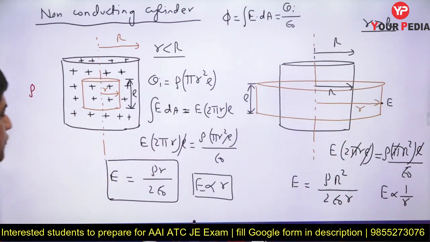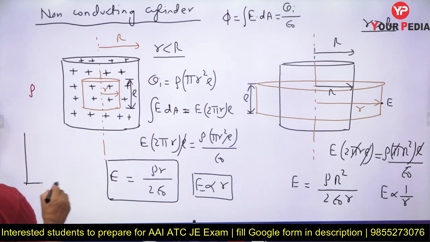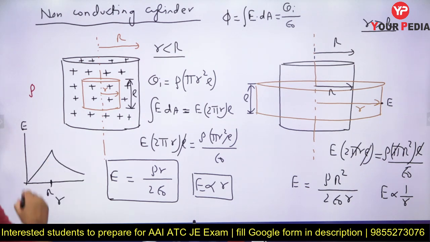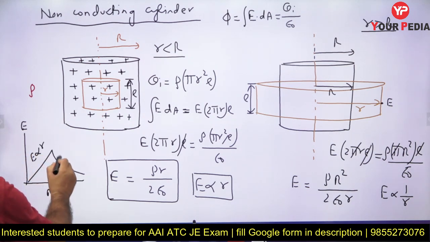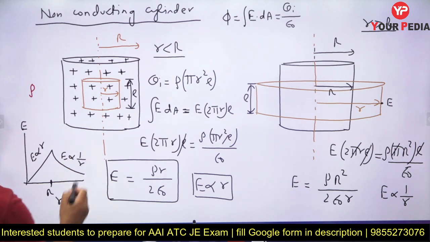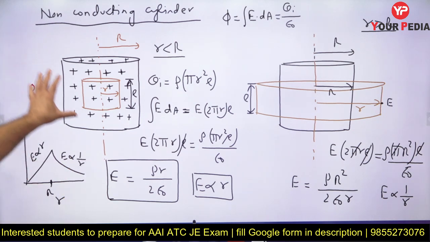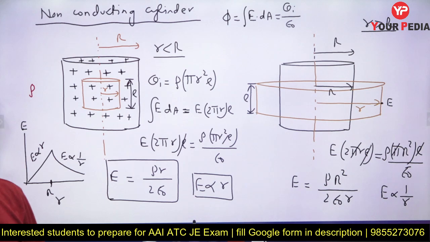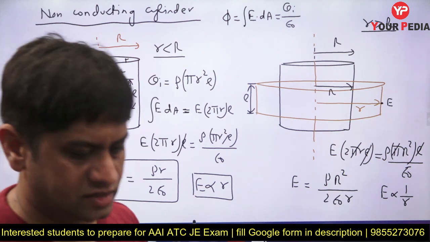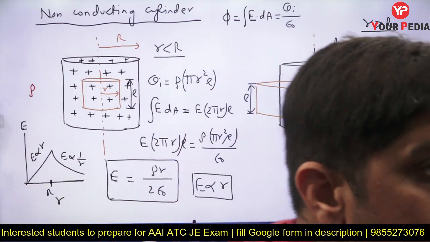So if I want to plot the electric field diagram, let's say this is radius R, then E is proportional to radius and then inversely proportional. E is proportional to r and then E is inversely proportional to r. So this is how the electric field of a non-conducting cylinder varies, right?